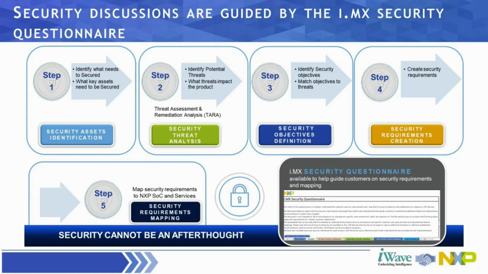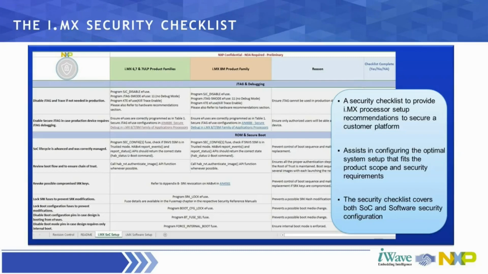This is provided by our system engineering team. So I will recommend that you reach out to your sales representative for that. Along with this, there is a security checklist that can be provided to you as well.